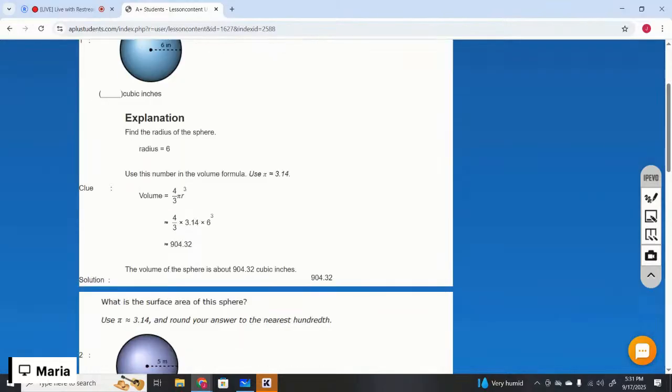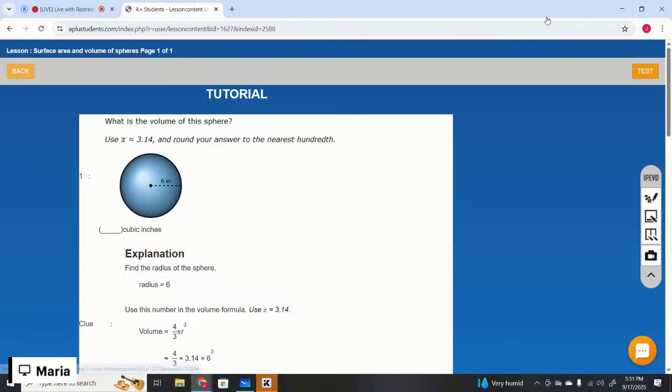That is V equals 4 by 3 pi r cube. Volume equals 4 by 3 pi r cube.